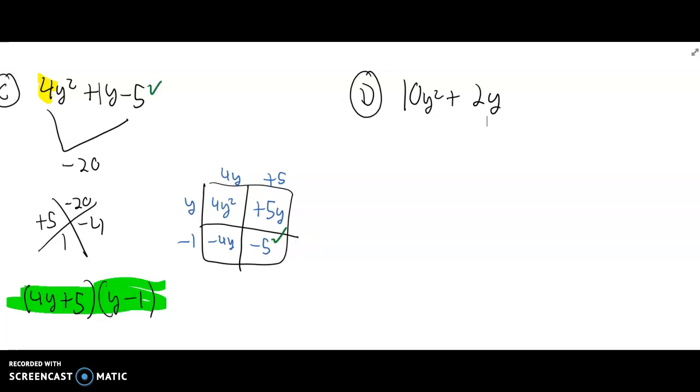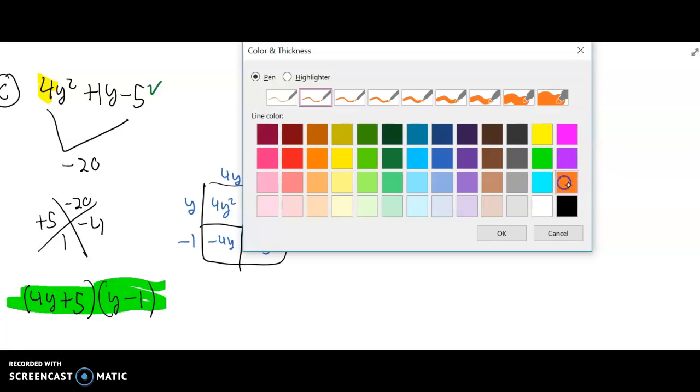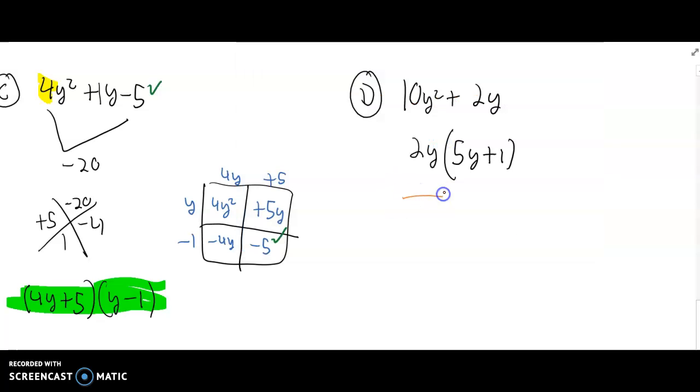Greatest common factor, what's in common? How about 2y? What remains? 5y plus 1. And this was our orange part D. Alright, great. We're ready to plug back in now.